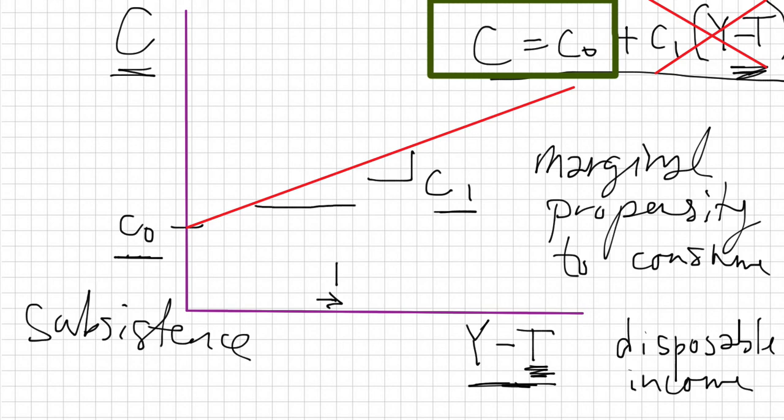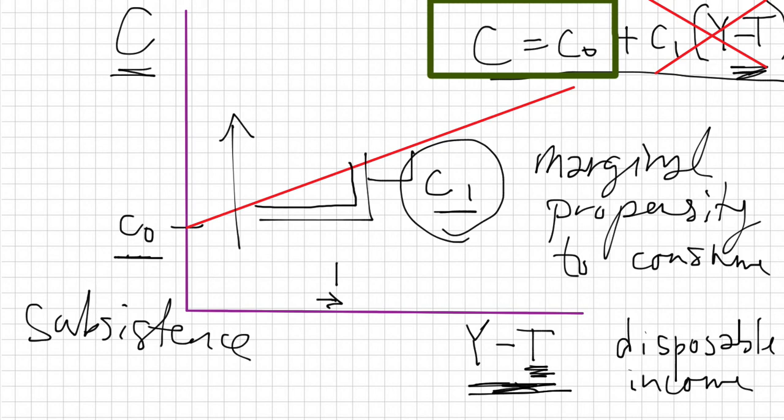As we go over a little bit, we go up. This is exactly the slope, C1. So C1 is called the marginal propensity to consume exactly because it has this characteristic of being the slope of the red line. Out of every dollar of disposable income you get a little bit of consumption up. So the slope is exactly that, which is why we call C1 the marginal propensity to consume.